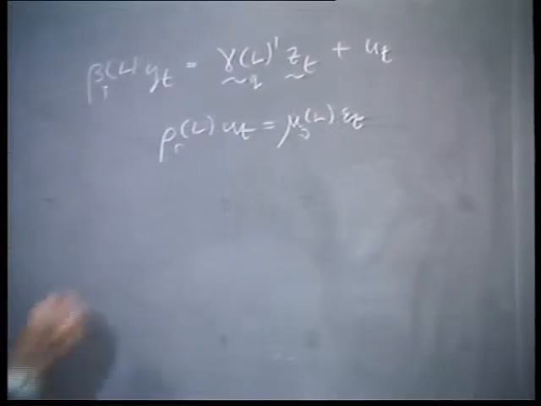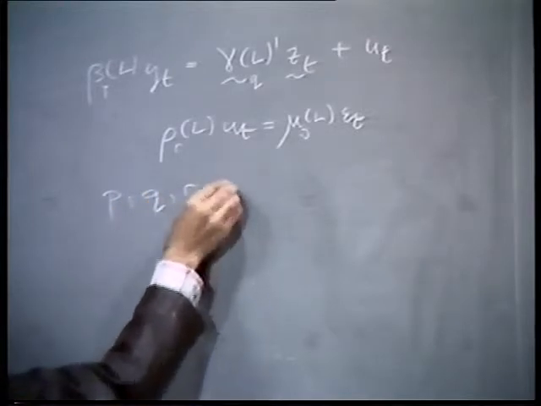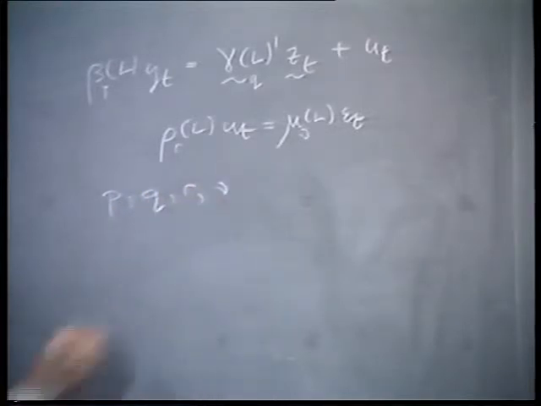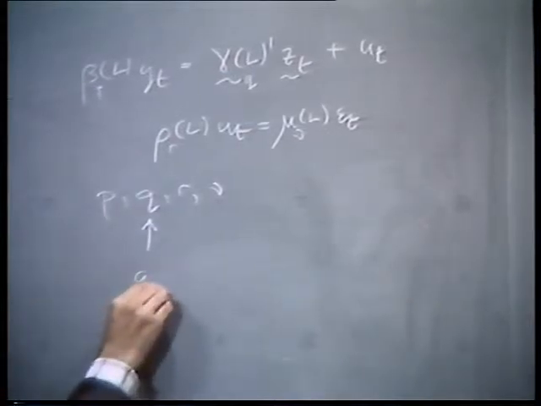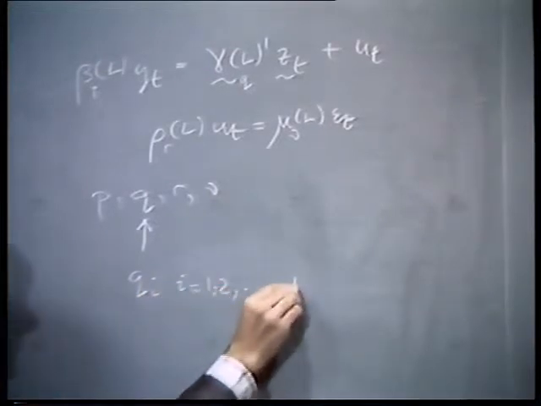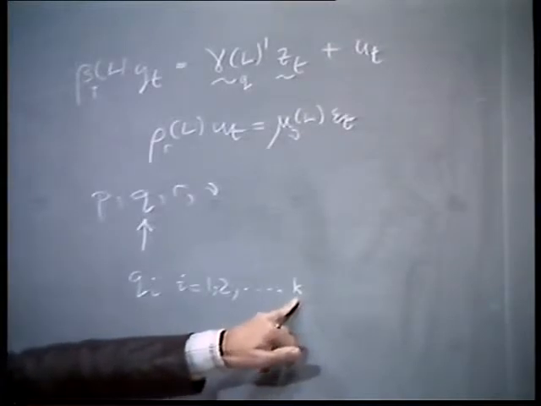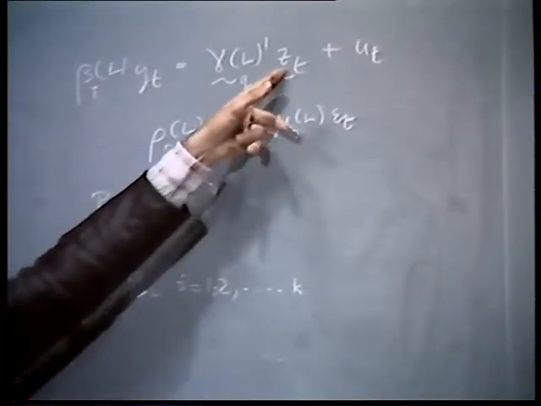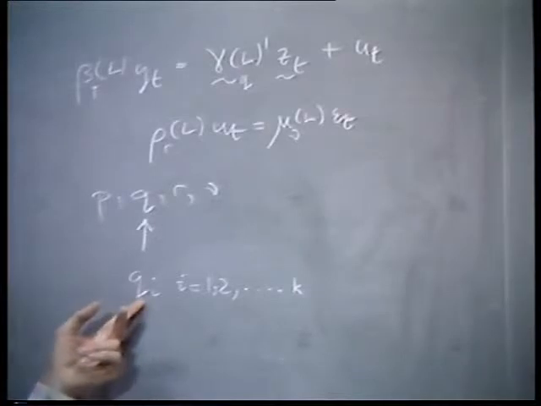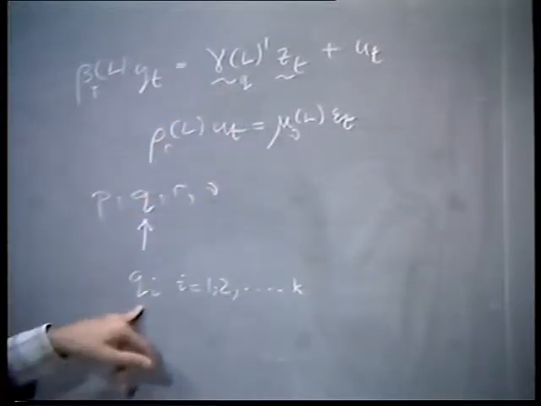And so empirically we want to determine p, q, r, and nu, and within the q we might want to allow the lags on each of the k explanatory variables in the vector zt to have different lags, and we may want to determine those qi's as well, when q is just the maximal value of qi.